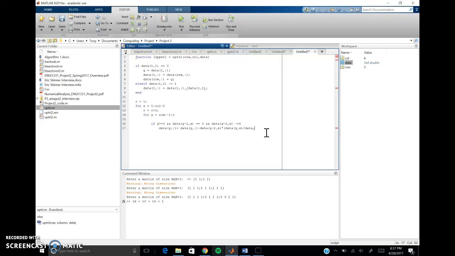So here we're saying that y is greater than 3. Check the data above it.